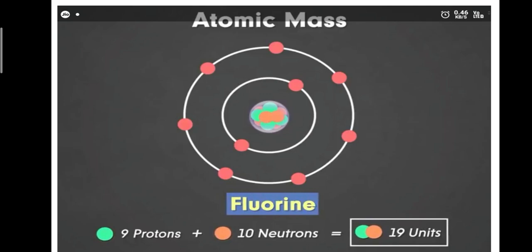In this way 2 shells, 2 orbits are there with electrons distributed, and 9 protons are present in the nucleus. But here you will see कि there are 10 neutrons. Fluorine में 9 नहीं तो 10 neutrons होते हैं. So 10 plus 9, 19. So atomic number is 9 and atomic mass number is 19. In this way the atomic mass number is given.